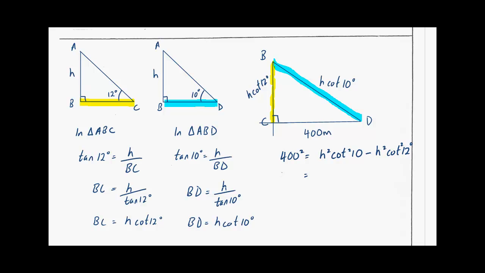That allows us on the right hand side to take out a common factor of H squared, leaving us with cot squared 10 minus cot squared 12. Getting H squared on its own, I'm just going to put the H squared on this side, so I'm just flipping the equation, and that gives me 400 squared all over cot squared 10 minus cot squared 12.